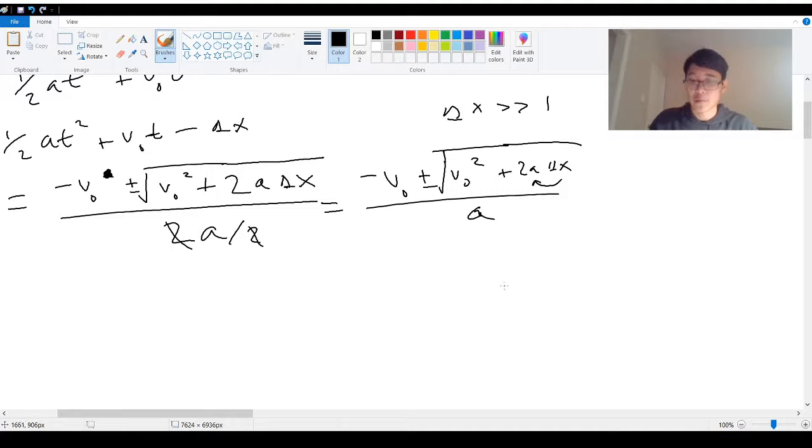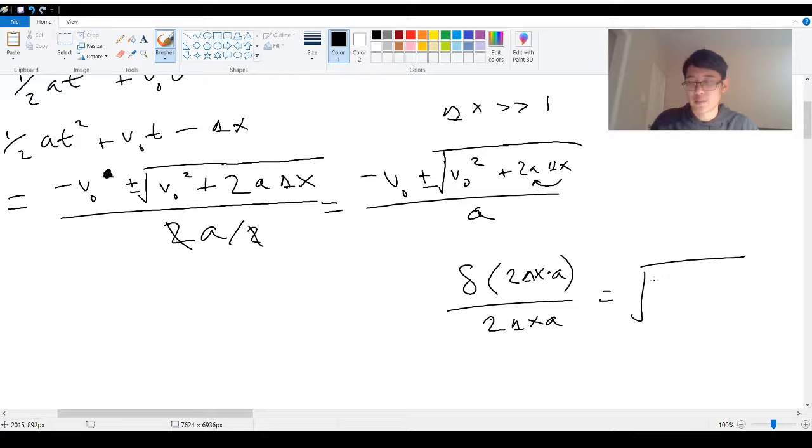And remember, if we have the uncertainty of a product, so I'll say the uncertainty of this 2 delta x times a, divided by the actual product, 2 delta x a, is equal to the square root of all the relative uncertainties.